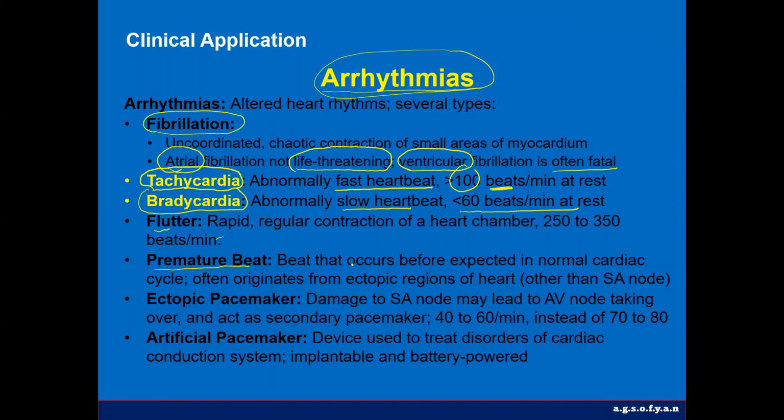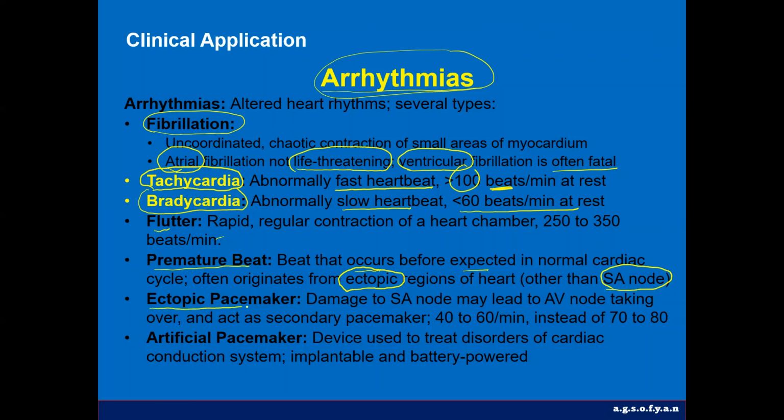Premature beat, this is a heartbeat that occurs before the expected normal cardiac cycle. And sometimes it's caused by what we call ectopic beating, which is coming from somewhere other than the SA node. This is an ectopic region.